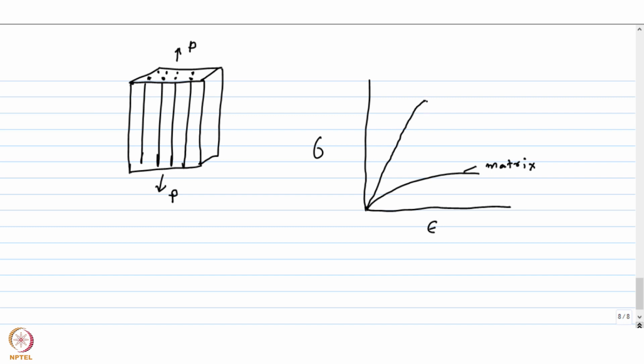The plastic deformation is almost nil before the fracture. So as I said before, the property of the composite will be in between these two, and therefore the stress strain curve of the composite will lie in between these two curves, like this.